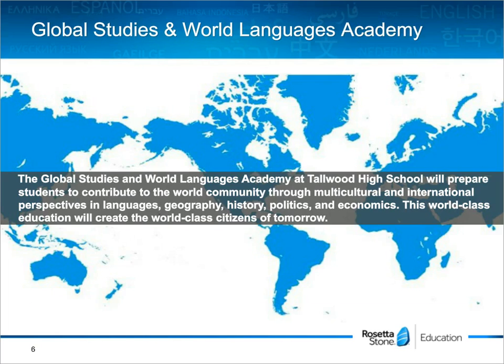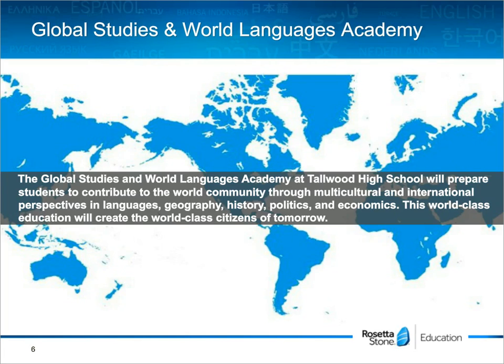The Global Studies and World Languages Academy at Tallwood High School hopes to prepare students to contribute to the world community through multicultural and international perspectives in languages, geography, history, politics, and economics. This world-class education will create the world-class citizens of tomorrow.